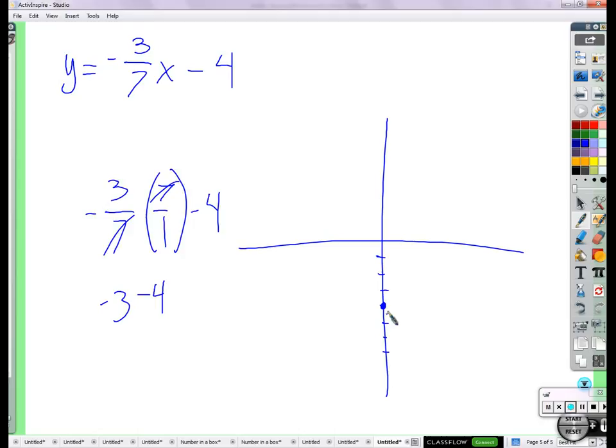Which is just 3 lower than the last point we plotted. Straight down.